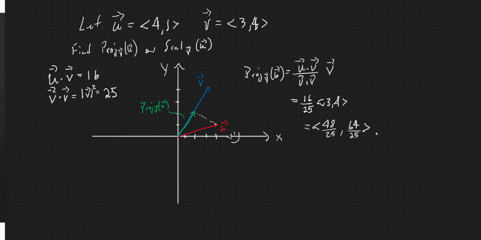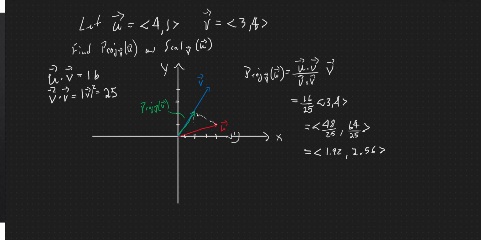Let's actually get some numbers so that we can verify in our drawing if this is right. 48 over 25 is 1.92, and 64 over 25, we'll see how accurate my drawing is here, is 2.56. So 1.92, 2.56, again, this is the green vector here. That looks like about 1.92, very close to 2 in the x direction, and 2.56.